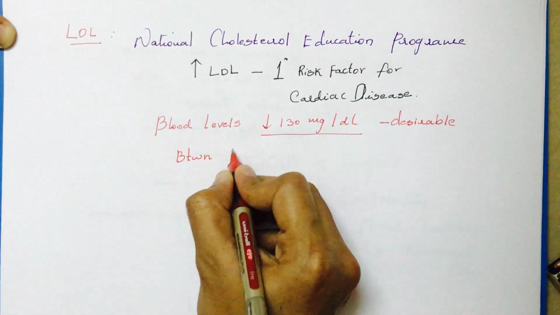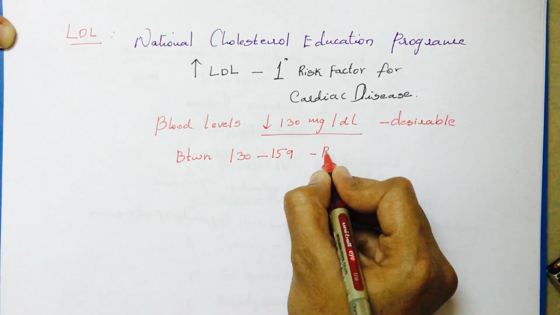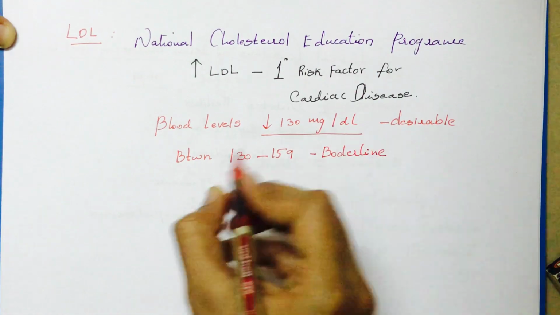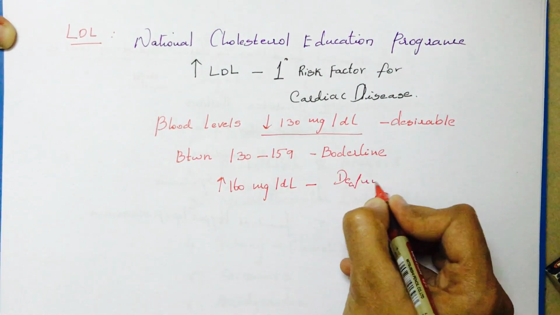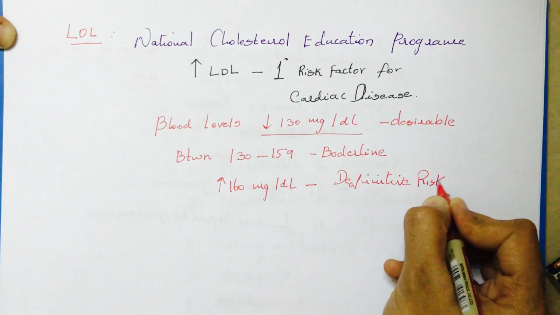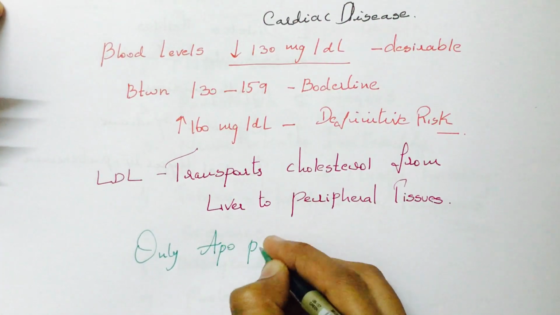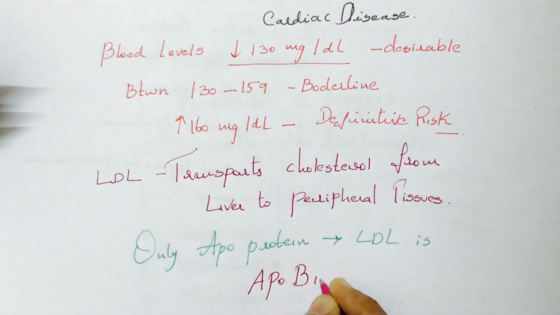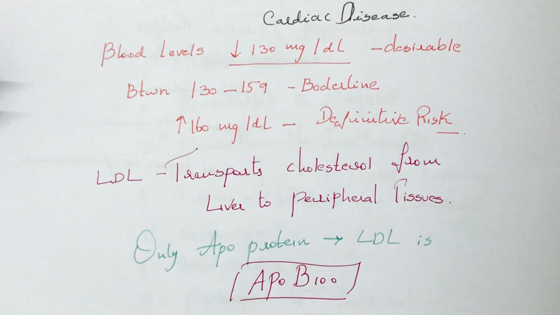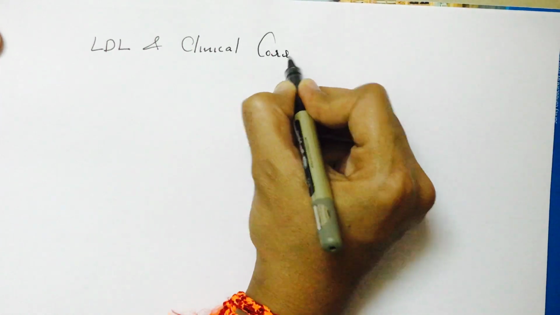The levels between 130 to 159 are considered borderline, while above 160 it carries definite risk. LDL helps in the transportation of cholesterol from liver to peripheral tissues, and the only apoprotein present is ApoB100.